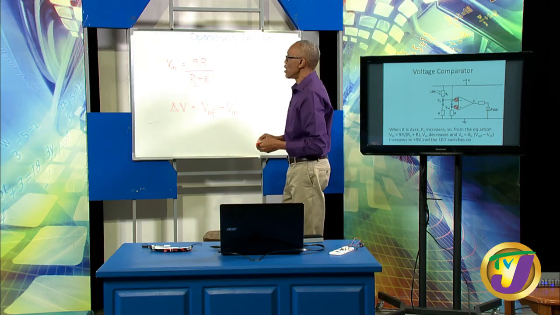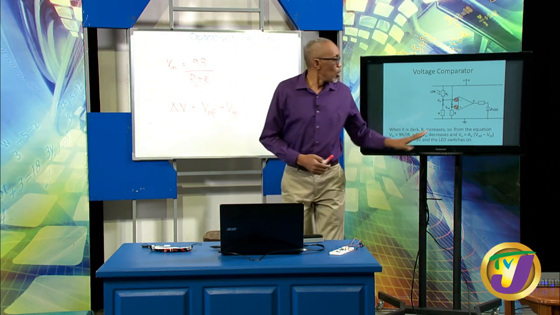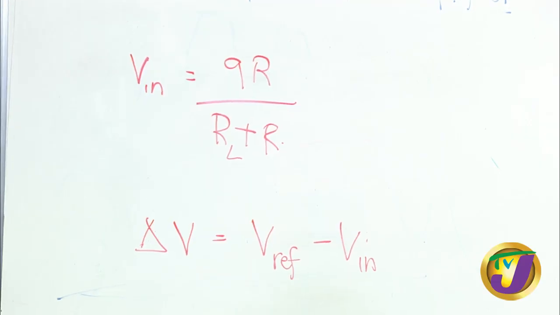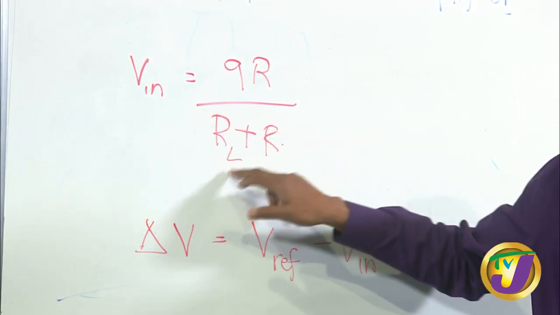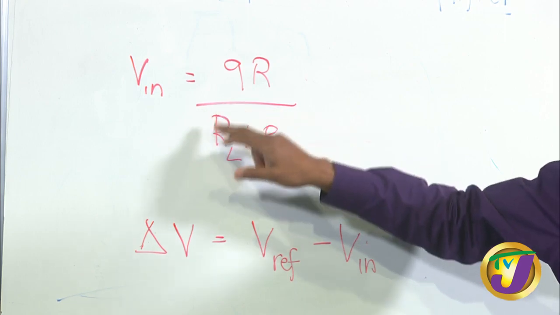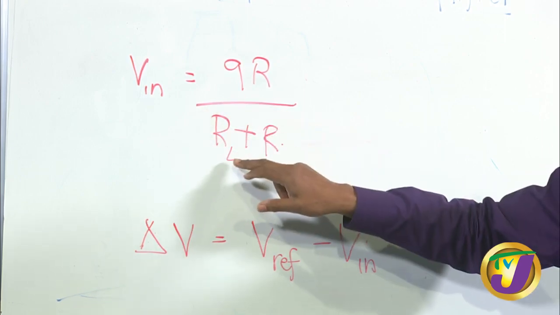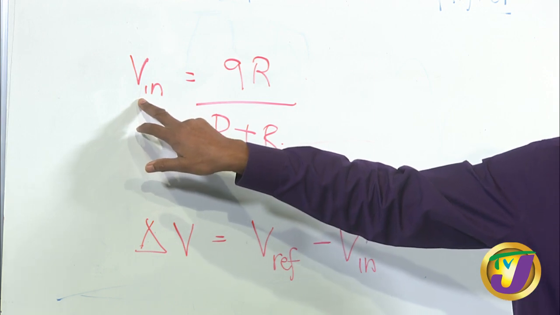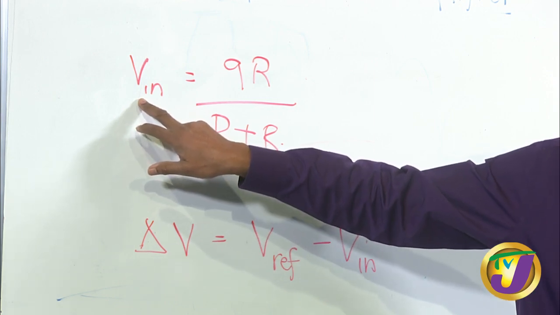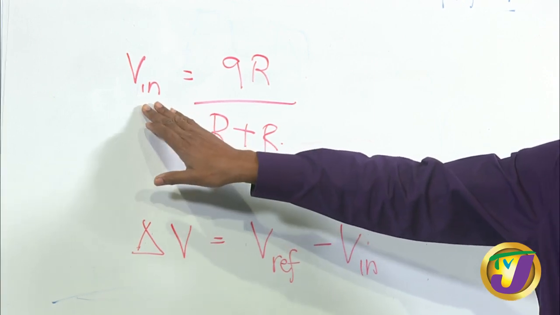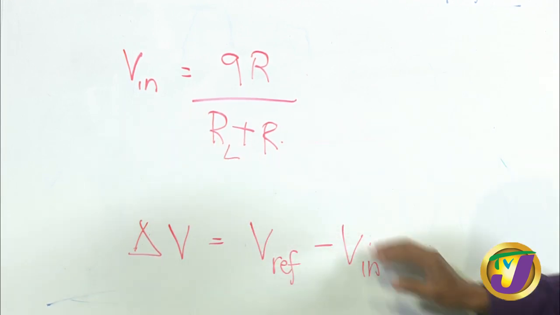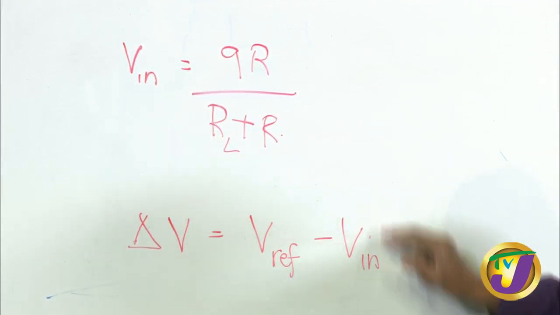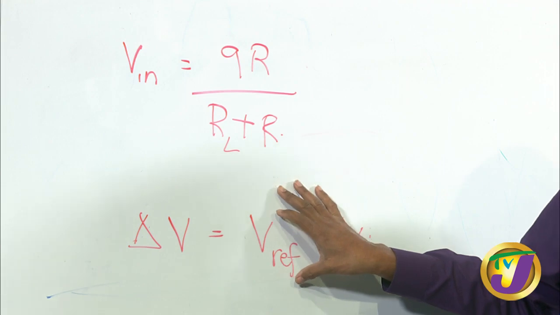Now what happens when you cover the light dependent resistor, and it becomes dark, this resistance here increases, which means that V in will decrease. Now, when V in decreases, it means that this difference here would become greater.